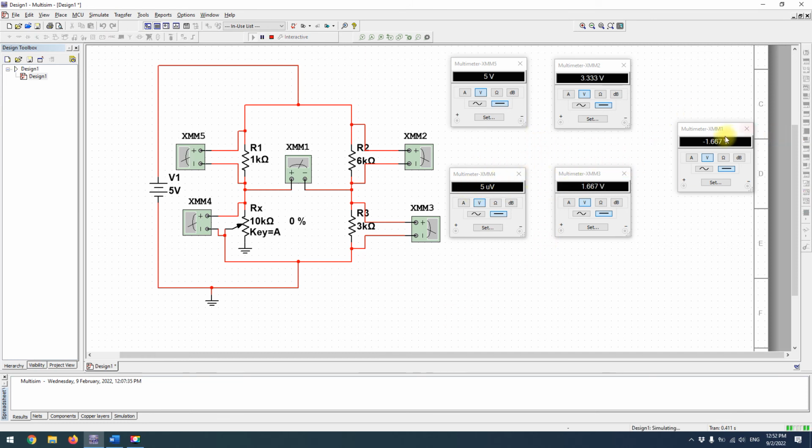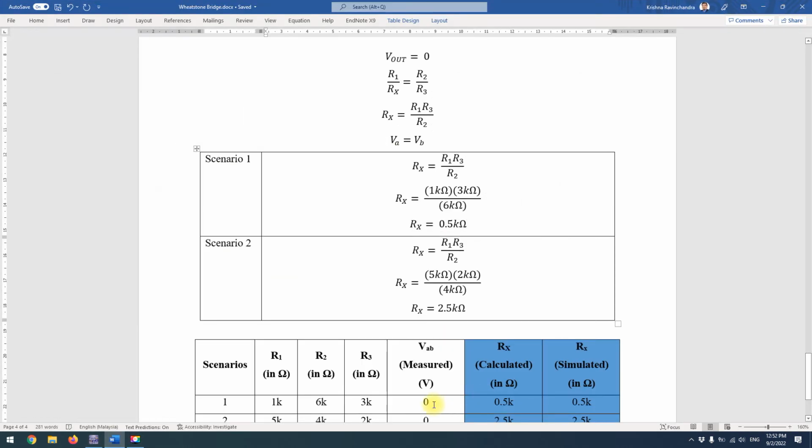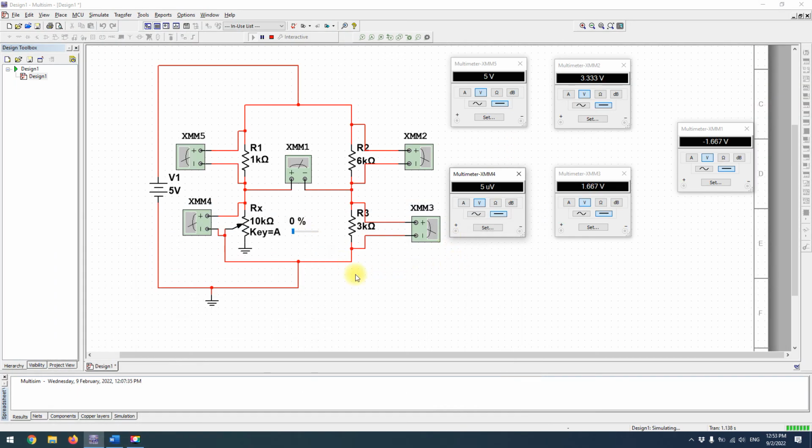So right now, it's negative. At 10K, I need to be at how many ohms? 0.5. So there you go. I just press the key A button once on the keyboard, and I get a 5% increment. 5% means 0.5 kilo ohm of 10K.